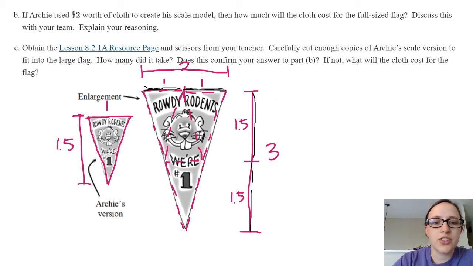So I sectioned this off using that knowledge. We know that one of these flags we can put here. We can also put another one over here. And then we could also fit one if we flipped it upside down right here. So this would be 1, 2, 3, and 4 flags are going to fit in there.